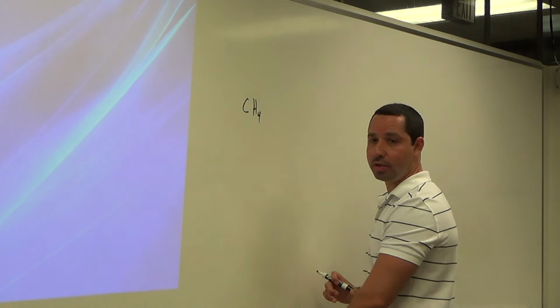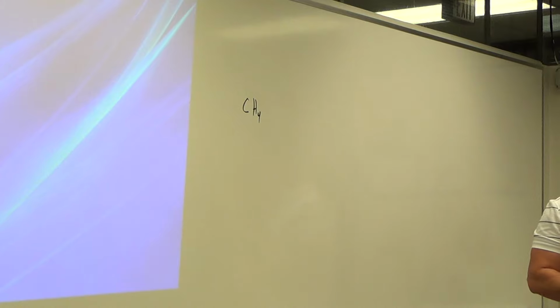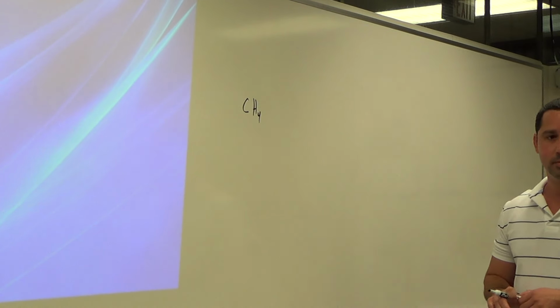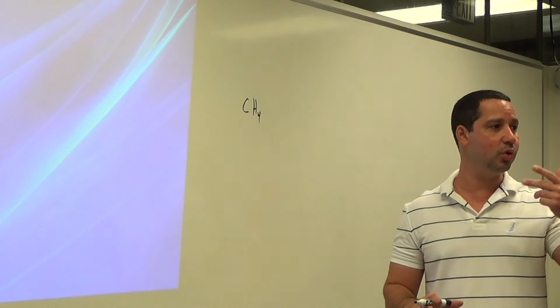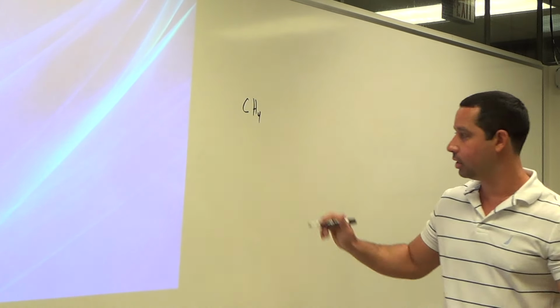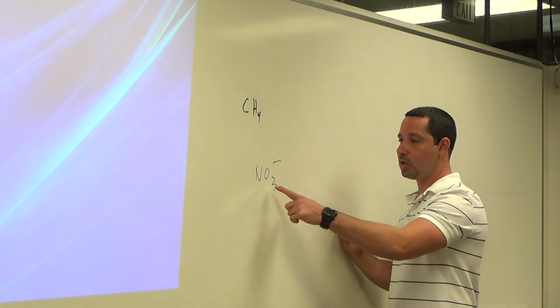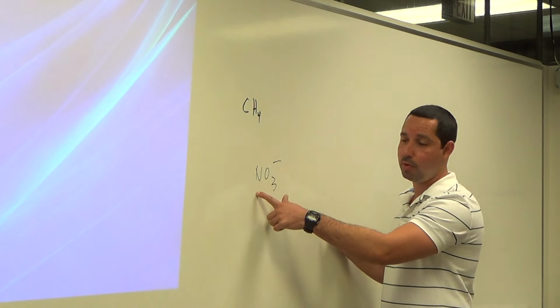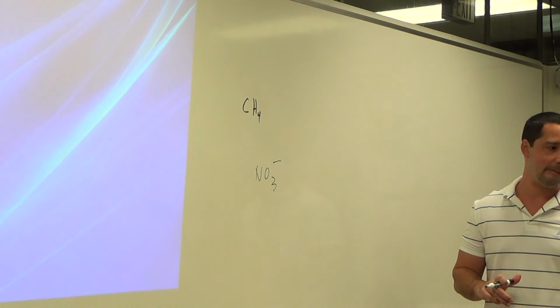The addition of the oxidation numbers is equal to the ionic charge of the ion. So when I add all the oxidation numbers, it has to add up to whatever charge this thing has. So NO3-, the addition of this oxidation number with these oxidation numbers must add up to -1. Okay?